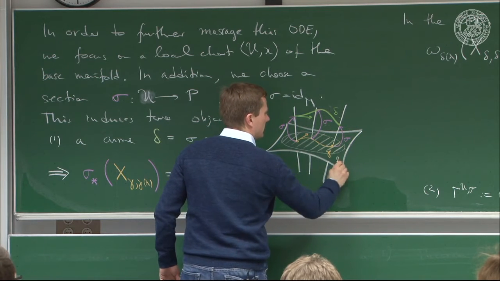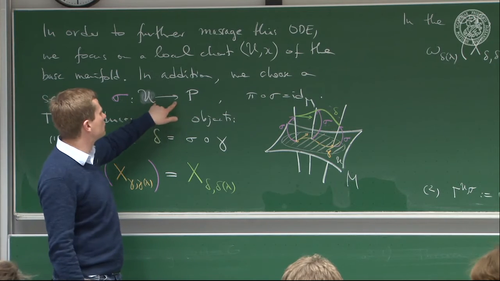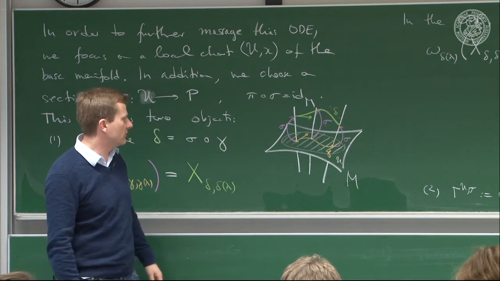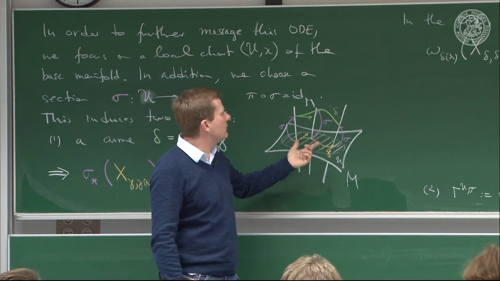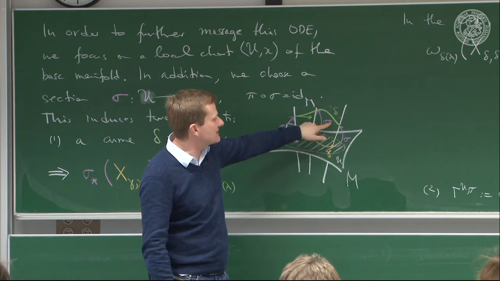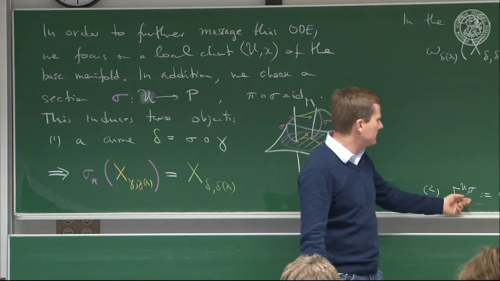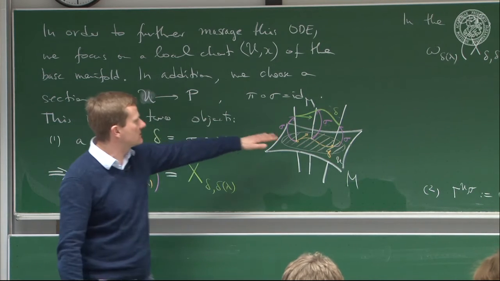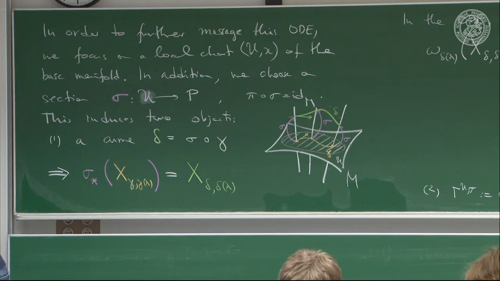So going to some u in the base space, considering the situation there, being able to choose a local section of the principal bundle. You know, a global section would mean the principal bundle is trivial, which in general is not the case, but a local section we can choose, and thereby we relate this arbitrary curve via this section to this curve. At the same time, by the same section, we relate the one form to the corresponding Yang-Mills field. Okay, so by going local, we can express this in terms of a Yang-Mills field. So this is this part.